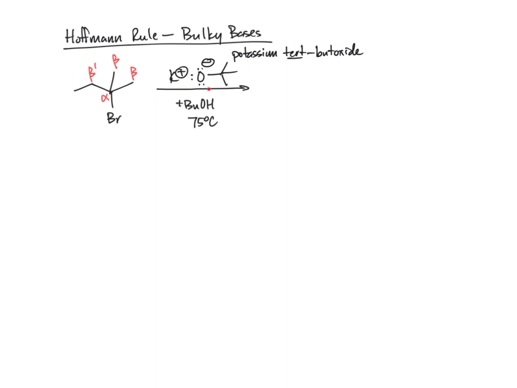And the reason for that is in beta versus beta prime, these are more accessible to this base, which is big. Beta prime hydrogens are hindered. So if this is really big, this base has a harder time seeing or finding these. So this goes after the more accessible hydrogens.